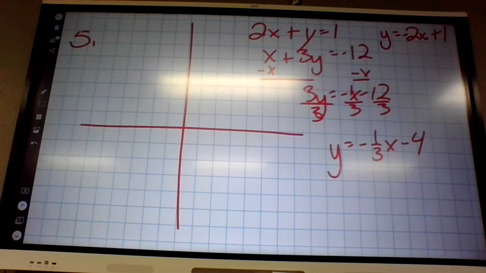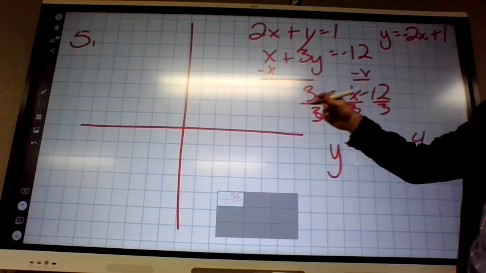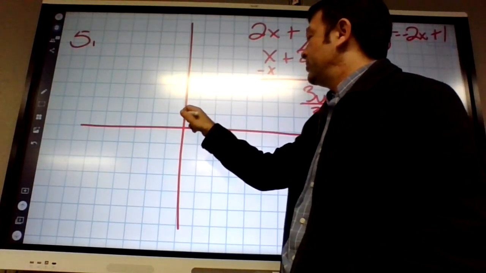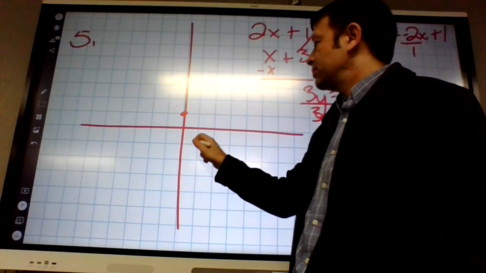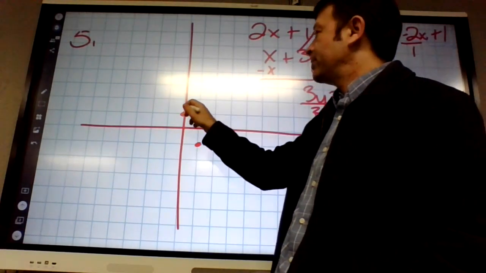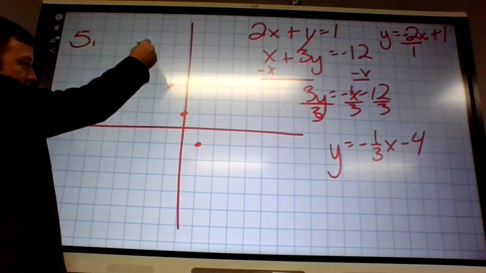-4. Okay. So on this first equation that I wrote, it starts where? Up 1. And then where are we going to go from there? Down 1, right 1. So, like that. Or you can go backwards, up 1, left 1, and make a very straight line.